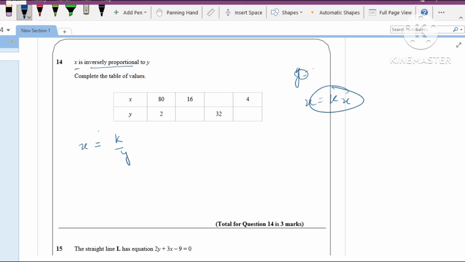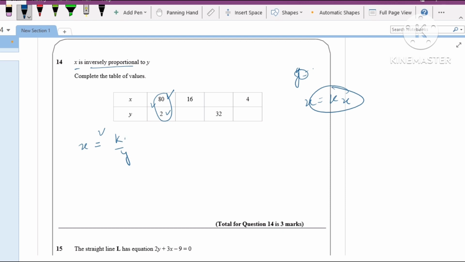Now in this question, he is saying that x is inversely proportional to y, so I am writing that. Here we can see that this is a complete pair. Remember that in this type of question, in each question you will be given a complete pair. This complete pair is given to find the value of k, the constant of proportionality, to have the equation.